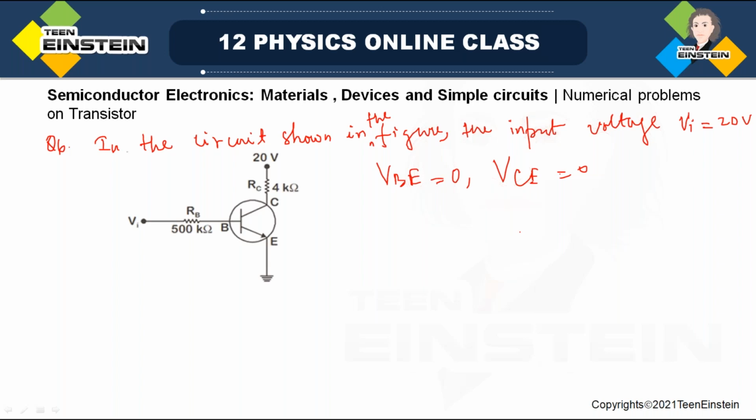Okay. Then what you have to find out? You have to find out IB, IC, and beta. So this is the question. In the given figure, see the input voltage Vi is 20 volt given.